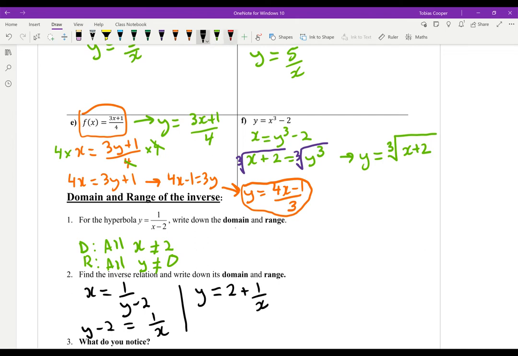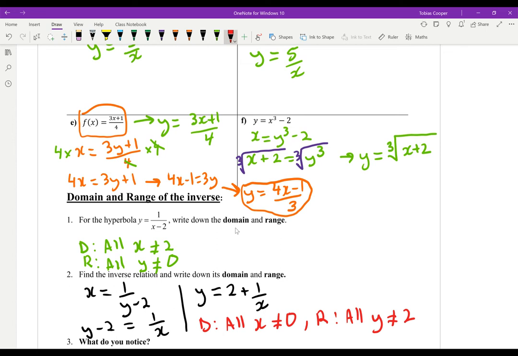Then add 2 to both sides and you get 2 plus 1 over x. Now, if you look at the domain for this, x is not allowed to be 0 because that'll give us a 0 denominator. So it's all x not equal to 0. And the range will be all y not equal to 2, because we get a horizontal asymptote at 2 in this case, so y cannot be 2.